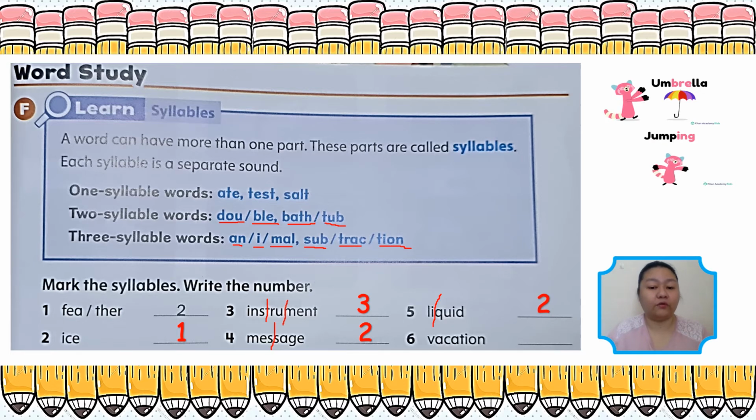And how about for the word vacation? How many syllables? Three. How are you going to do that one? Vacation. Vacation. Three syllables. Well done, grade 2.